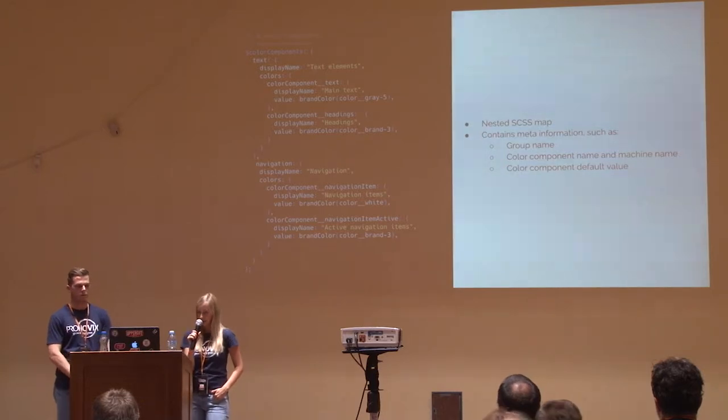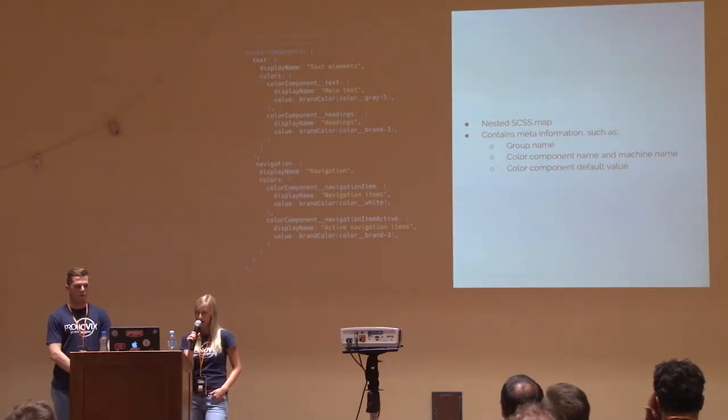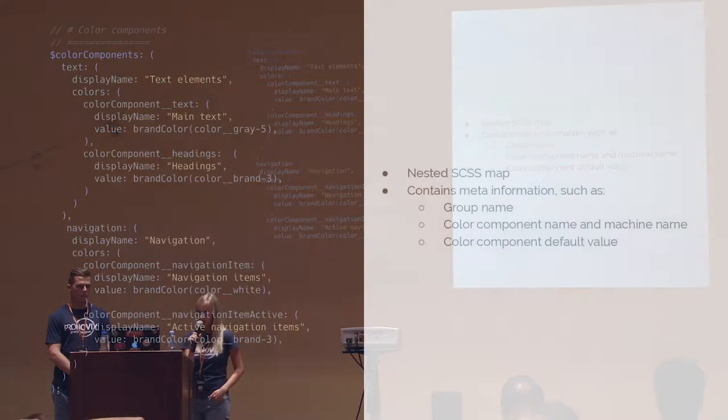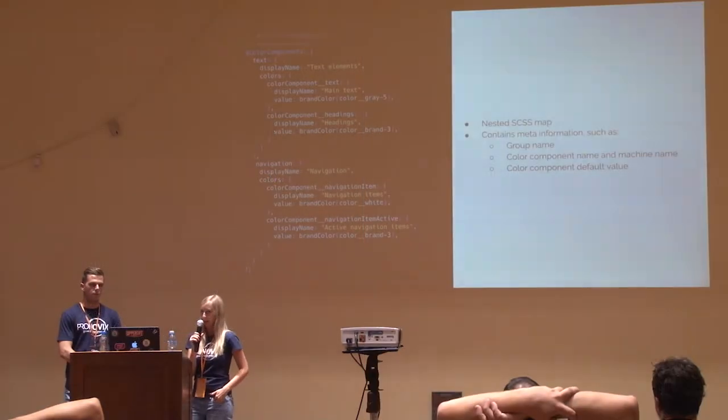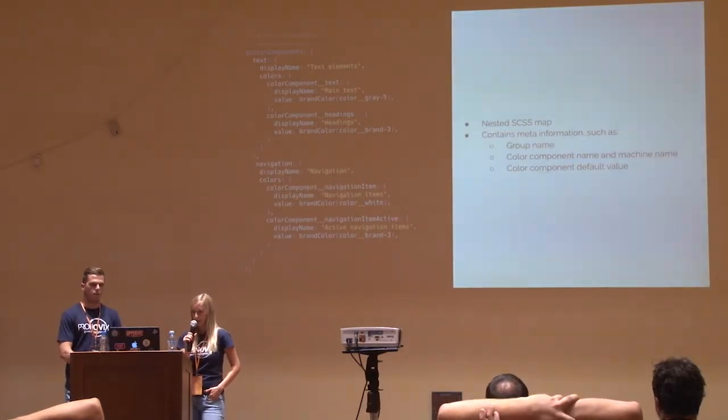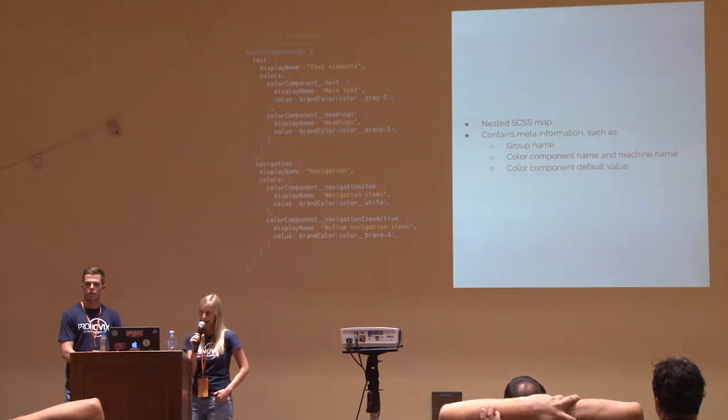Okay, this is another SCSS color map, which is a color component. And we use it for declaring specific color groups, basically. Let's see an example. Color component headings is a component which we use for all the heading levels like H1, H2, and so on, and also for other heading elements on the site like card titles, legends, table heads.